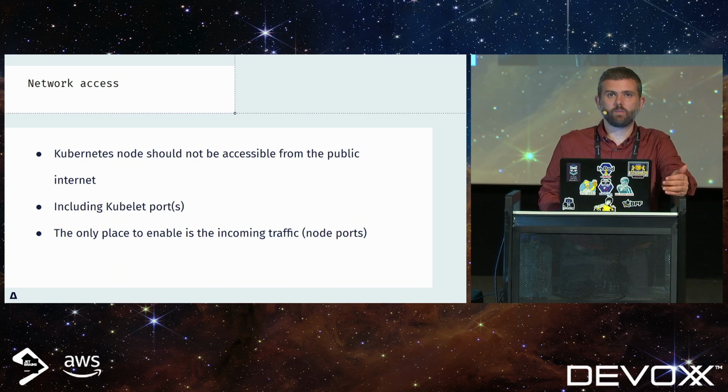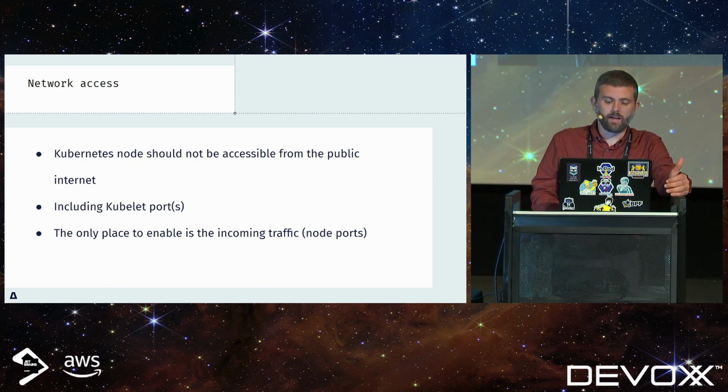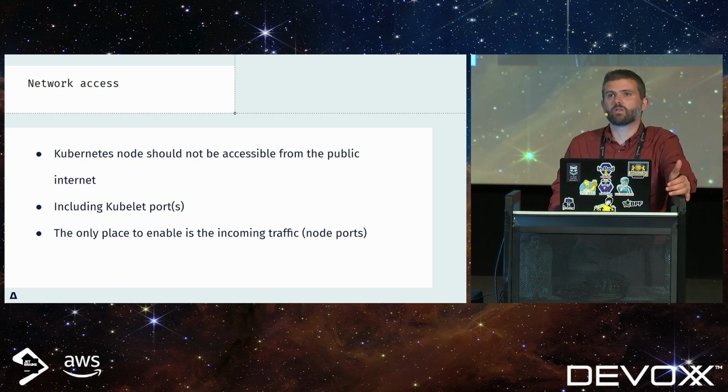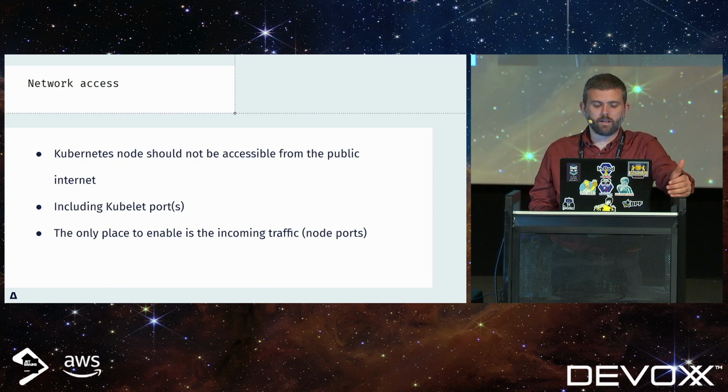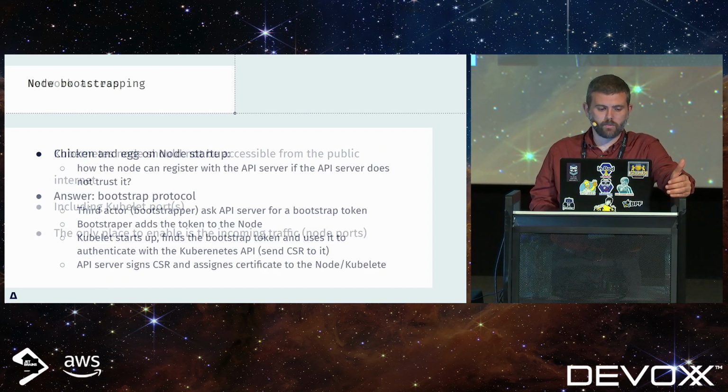All the Kubelet ports should be hidden from the outside world, and should be enabled to be accessed only from the API server and the specific control plane components. The only place where we need to enable incoming traffic is to bring in traffic to Kubernetes workloads inside the node, and these are the only exceptions where we should open ports. There's no other reason.